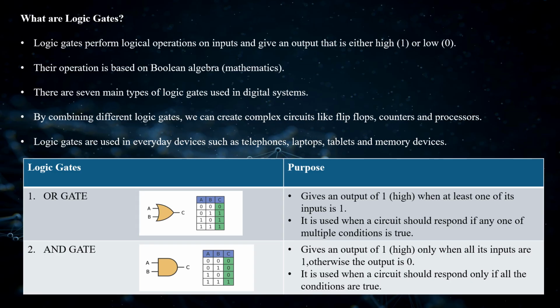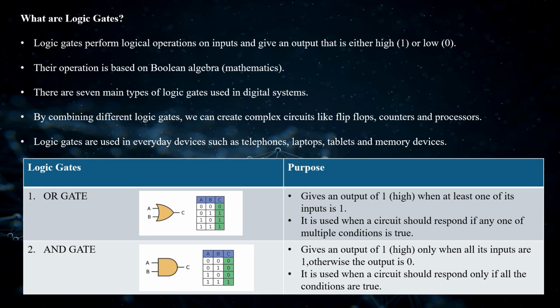Logic gates work using Boolean algebra, a type of mathematics for true or false values. By connecting different logic gates, we can build complex circuits like flip-flops, counters, and processors. Logic gates are used in processors, memory devices, phones, laptops, and tablets, helping these devices process information and work properly.